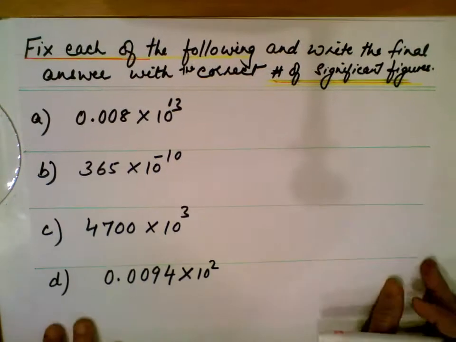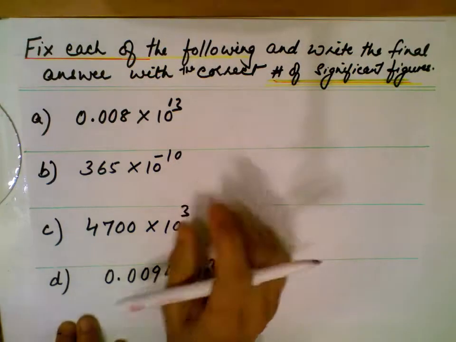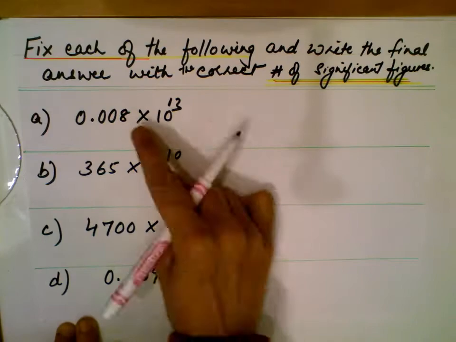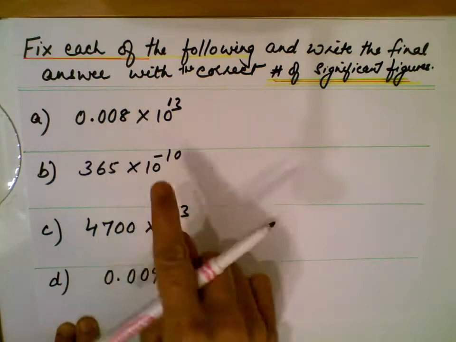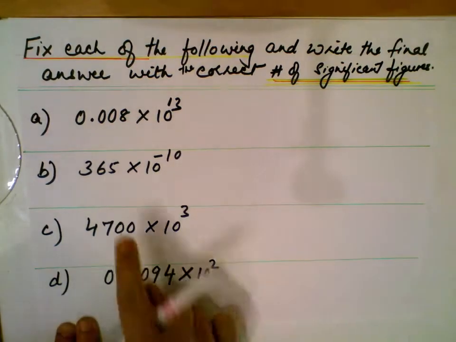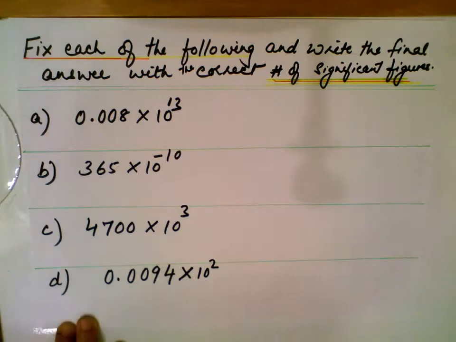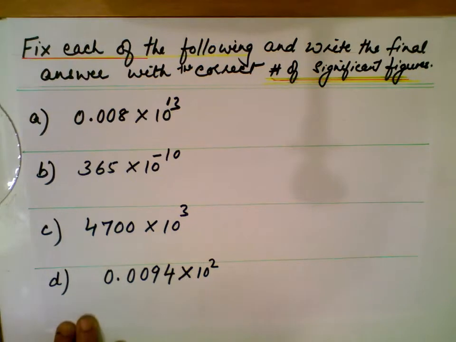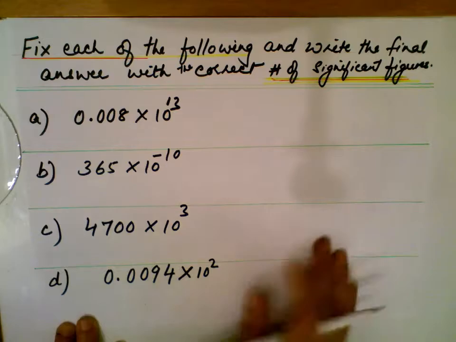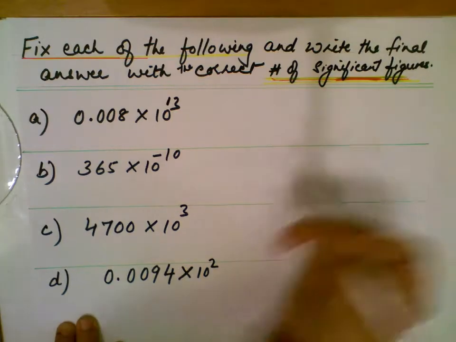So you don't need to do anything on this one. Okay, now I want you to do 2 things here. Yes, you are fixing the following scientific notation, because here you have mistakes. They are all incorrect. You're going to fix them, as well as write your final answer in correct significant figures.